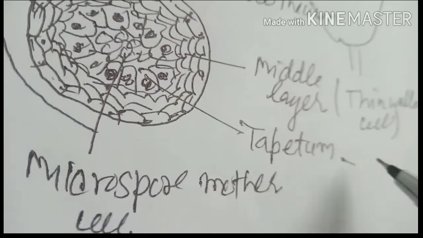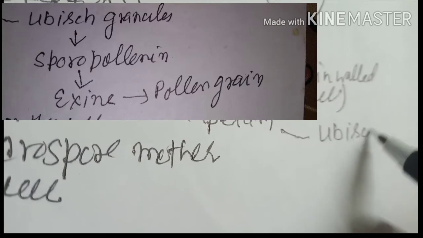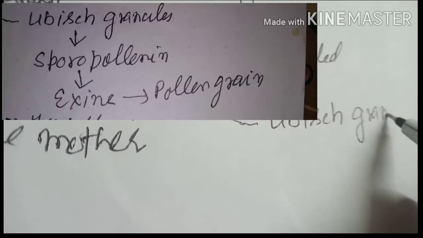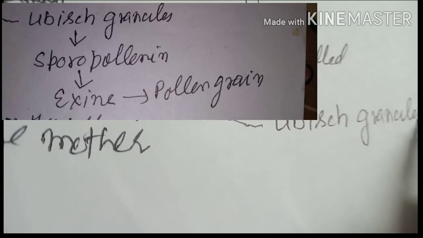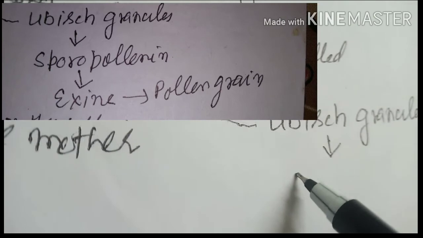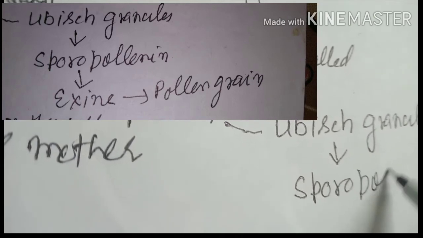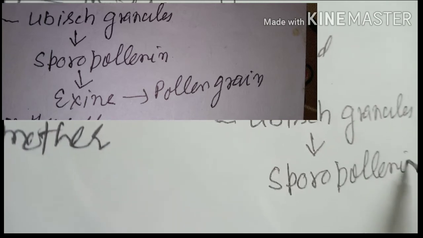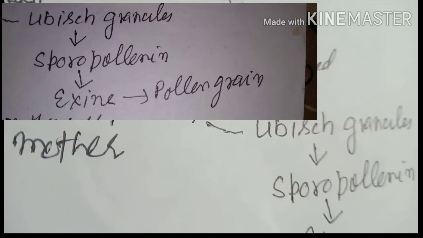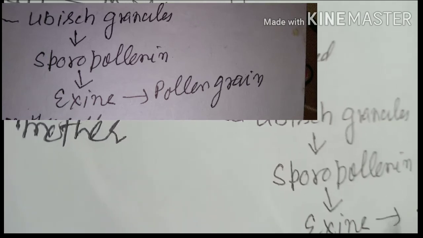It provides Ubisch granules. These Ubisch granules provide sporopollenin, the hardest material that forms the exine of the pollen grain.